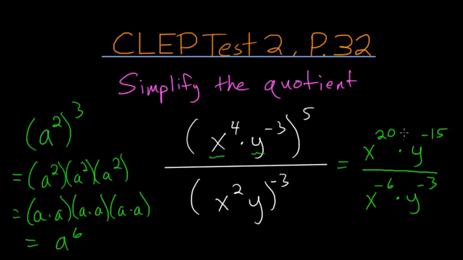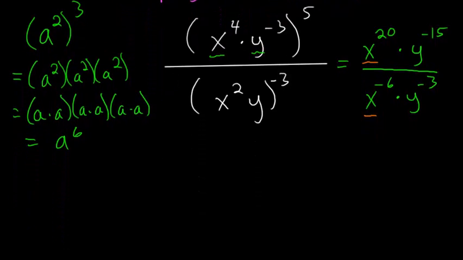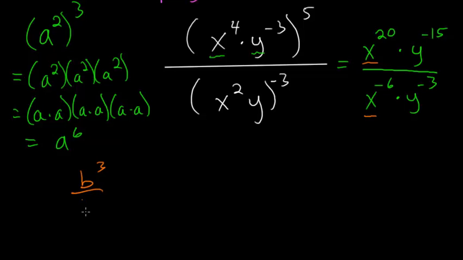And now we have to divide these terms with the same base. So let's do that by first looking at a simpler example. Let's say we have b to the 3rd divided by b squared. If we expand these, b cubed is just b times b times b, and b squared is just b times b.